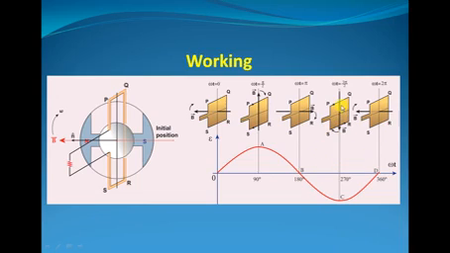In the fourth one, the field magnet is rotated 270 degrees. That is, first it came to 90 degrees, then 180 degrees, and again at 270 degrees the field magnet comes to this position. Here the magnetic field and the PQRS are both parallel to each other.